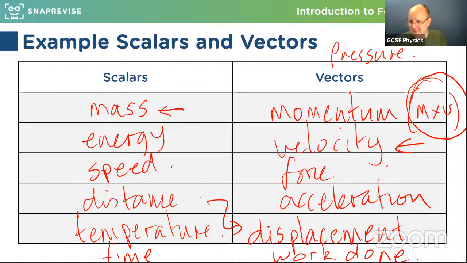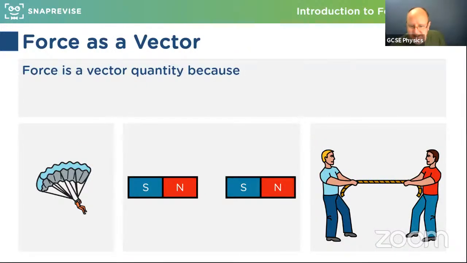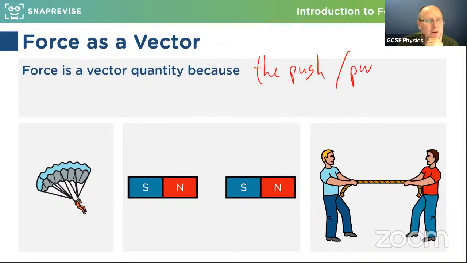Okay, right, let's move on. So force is a vector quantity because you can direct it. I've just said this, you can direct it, can't you? So it can be a push or a pull or a twist, and it is directed.